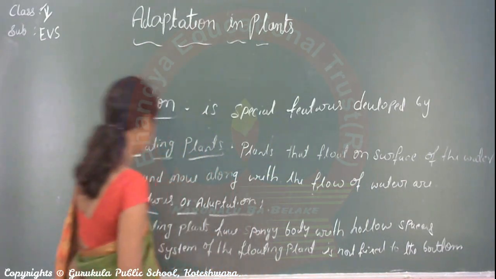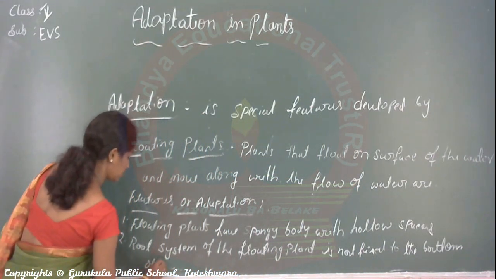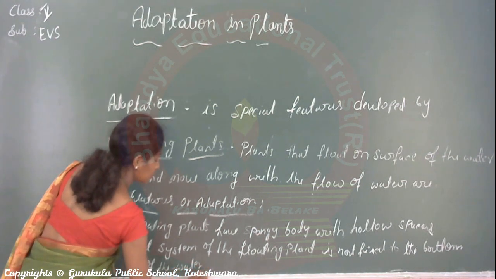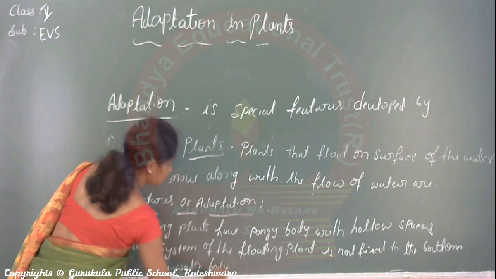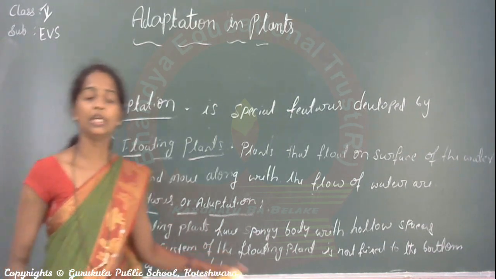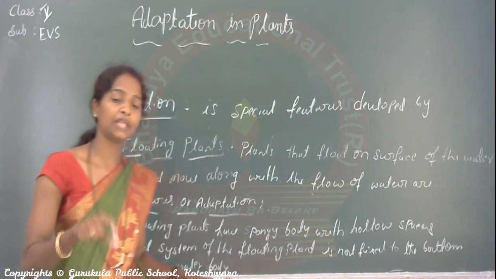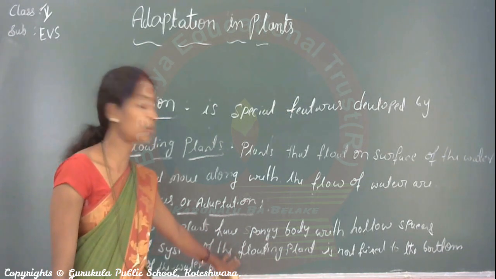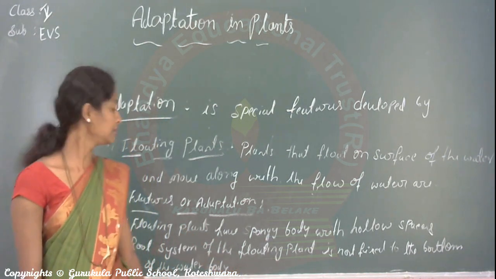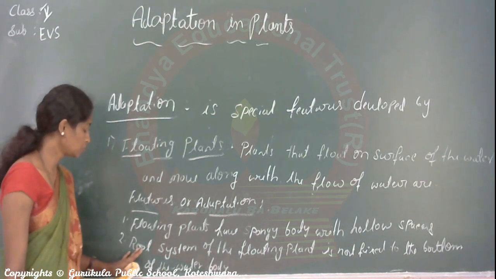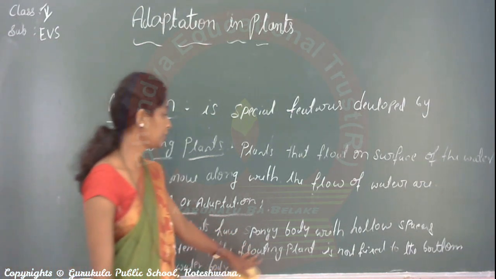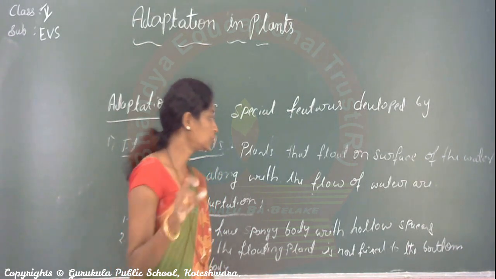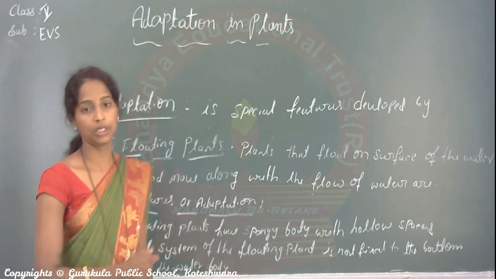Not fixed means it does not grow in the soil at the bottom. The root system of the floating plant is not fixed to the bottom of the water body.